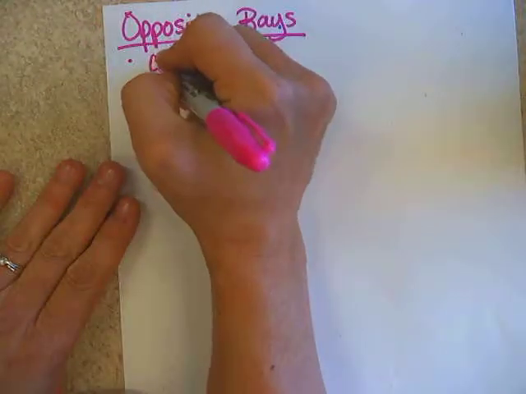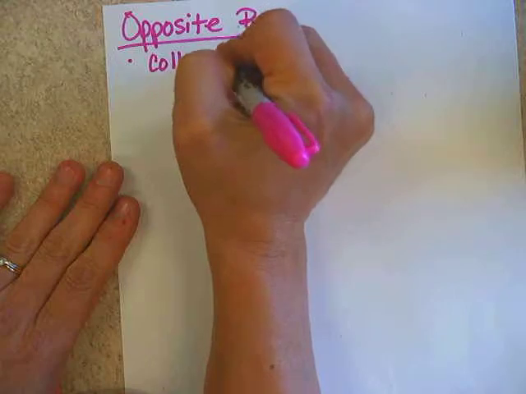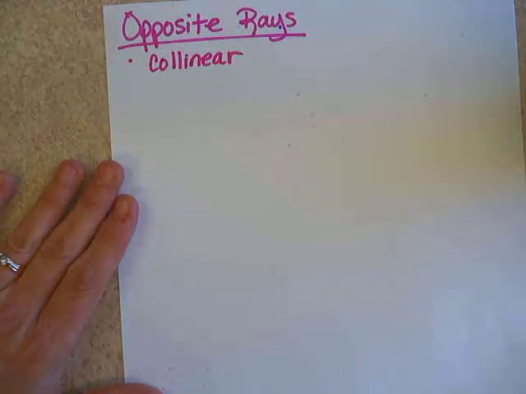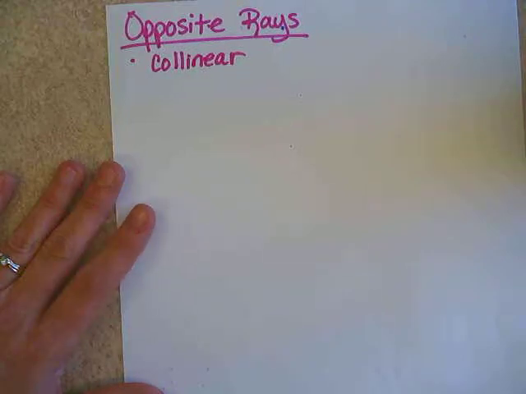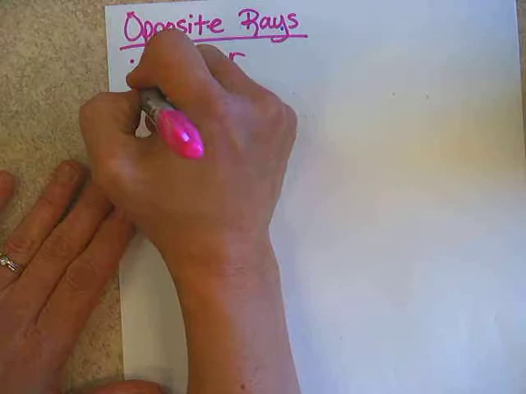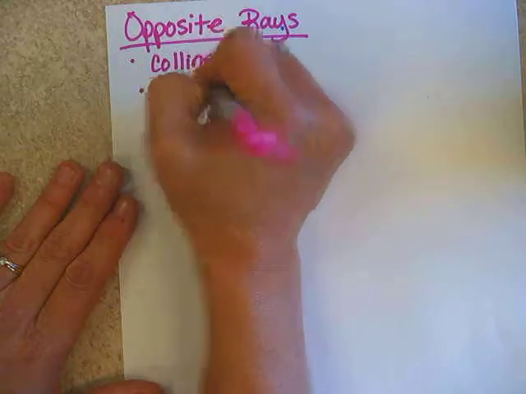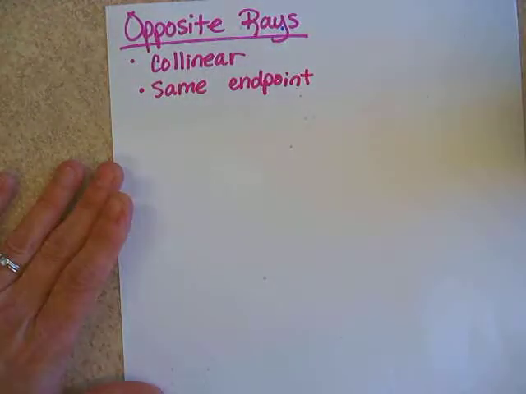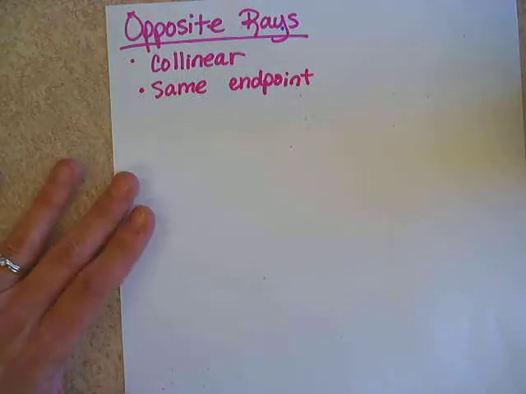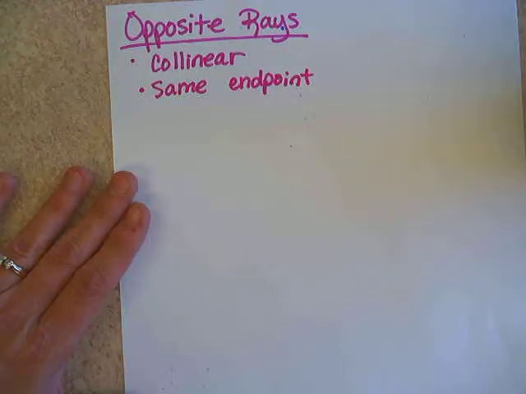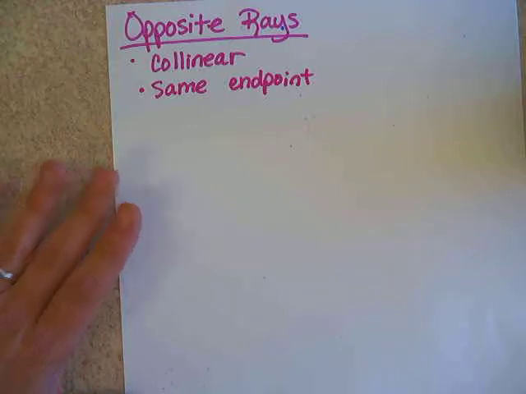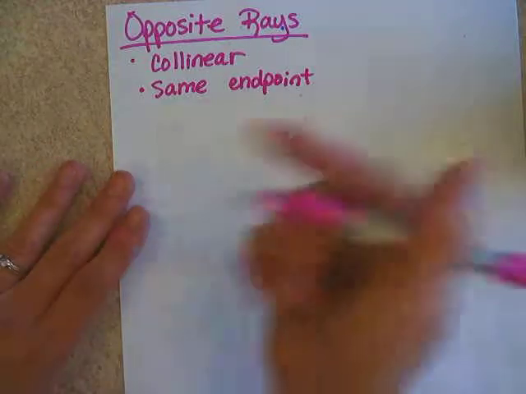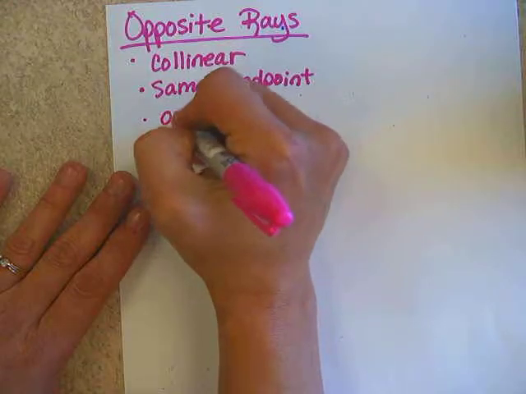we need to understand when we have opposite rays. For opposite rays, the big thing is they're collinear. So if your rays make an angle of any kind, they're not opposite rays. They have the same end point.